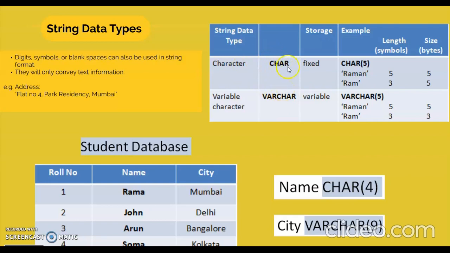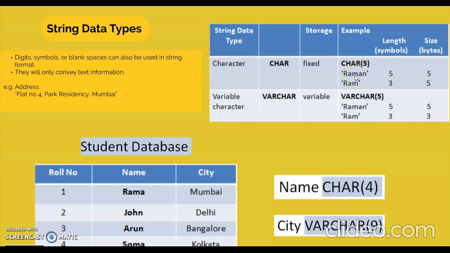Now here you will see character has a fixed storage and varchar has a variable storage. It means if I allot 5 for character, then whatever the size of the string, it will have a size of 5 only.